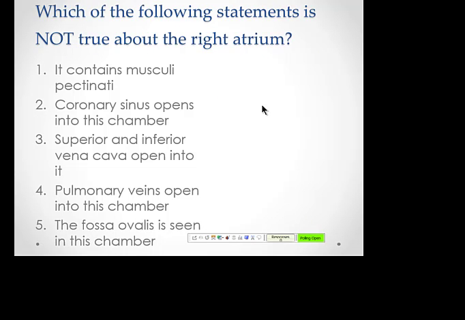Now imagine you got a question like this. Which of the following statements is not true about the right atrium?